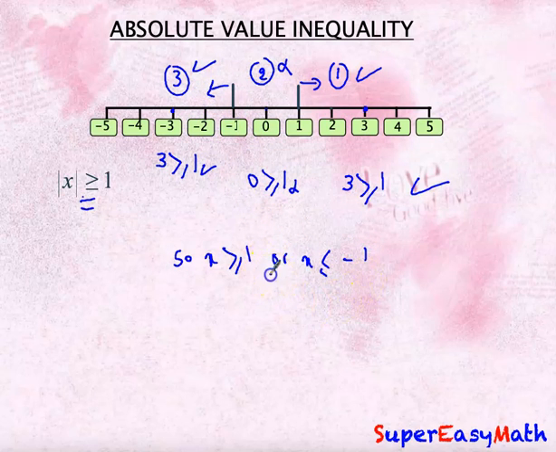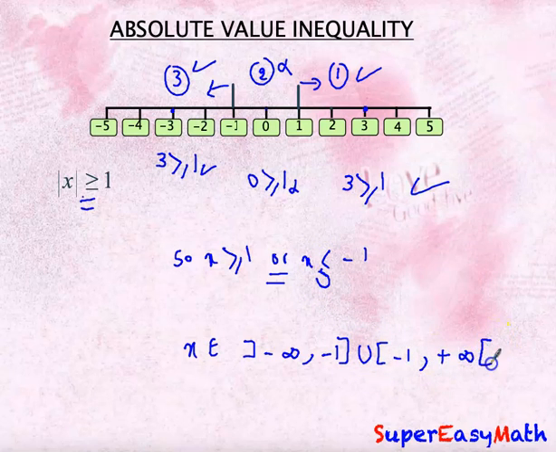Pay attention, here we say or, not and. When we have a greater sign, we say or. If you want to write it as an interval, x belongs to -infinity, -1 included, because here we have equal, union 1, plus infinity.